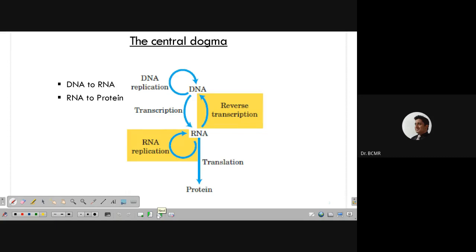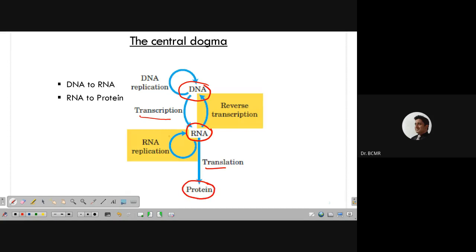So you know the central dogma of molecular biology, and you have three major components. DNA, that is the master copy of the genetic information, from which through the process of transcription, we generate RNA, and through the process of translation, we generate protein.